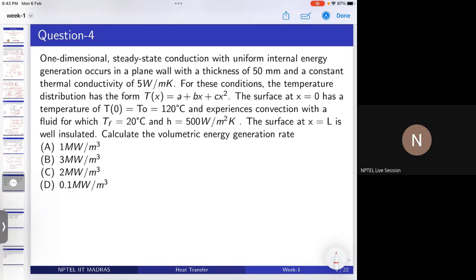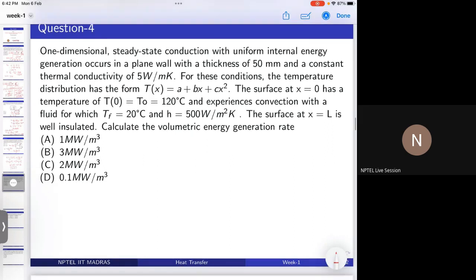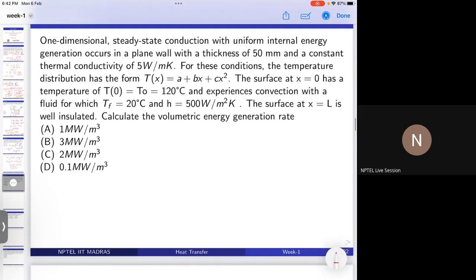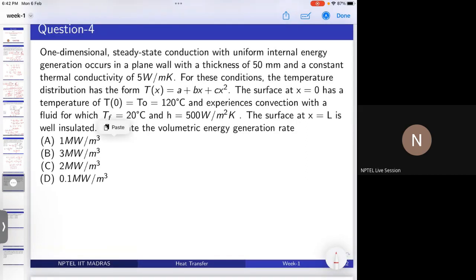The other surface experiences convection with a heat transfer fluid which is at 20 degrees Celsius, with a convection heat transfer coefficient of 500 watts per meter squared Kelvin. Surface x equal to L is well insulated. So one surface is well insulated, and we are asked to find out the volumetric heat generation rate. Okay. So you can start solving this.